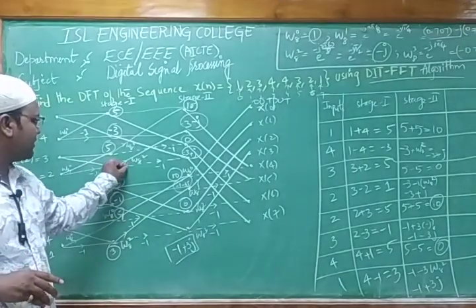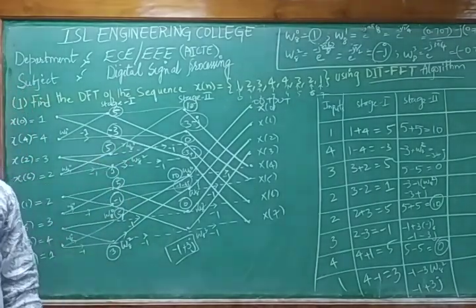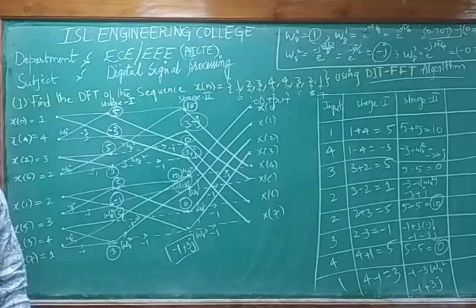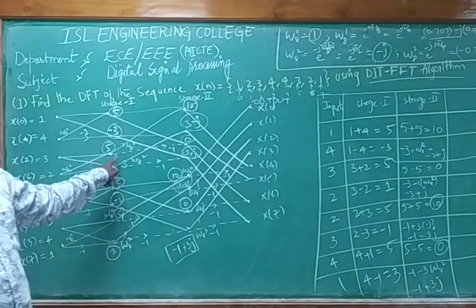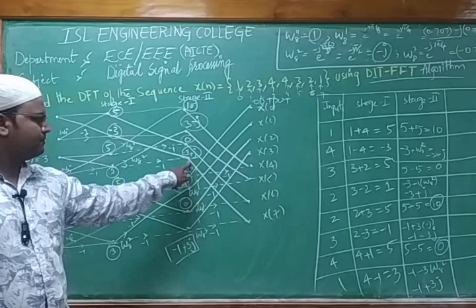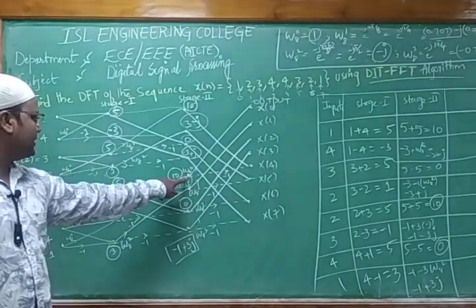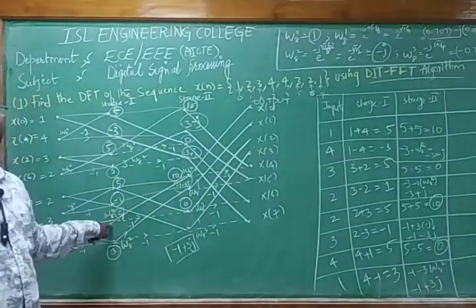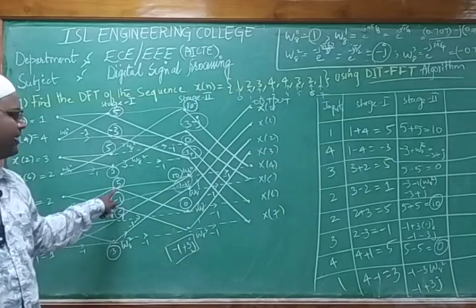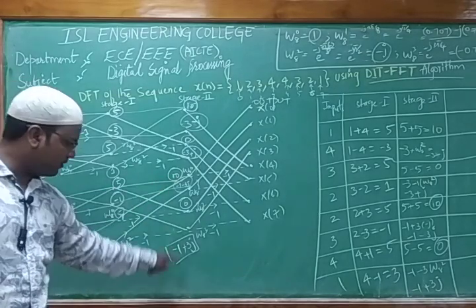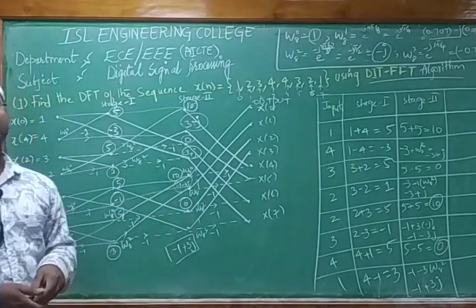That means it is there for this one and it is there for this one. For both sides, you have to take the twiddle factor into consideration. So we got the next input. Likewise, for the next one, the line is coming 5 and again we had 5. There is no feedback, nothing, only addition. We got 10. Likewise, we found all the outputs of stage 2.